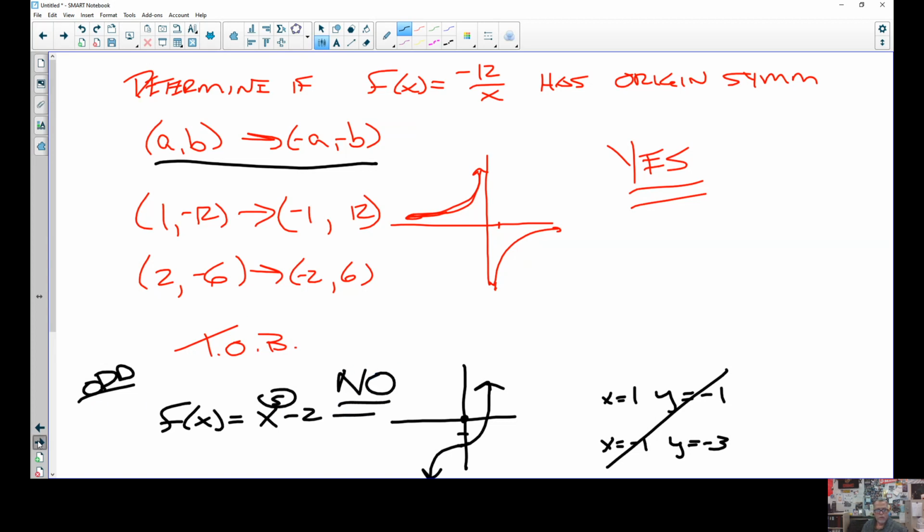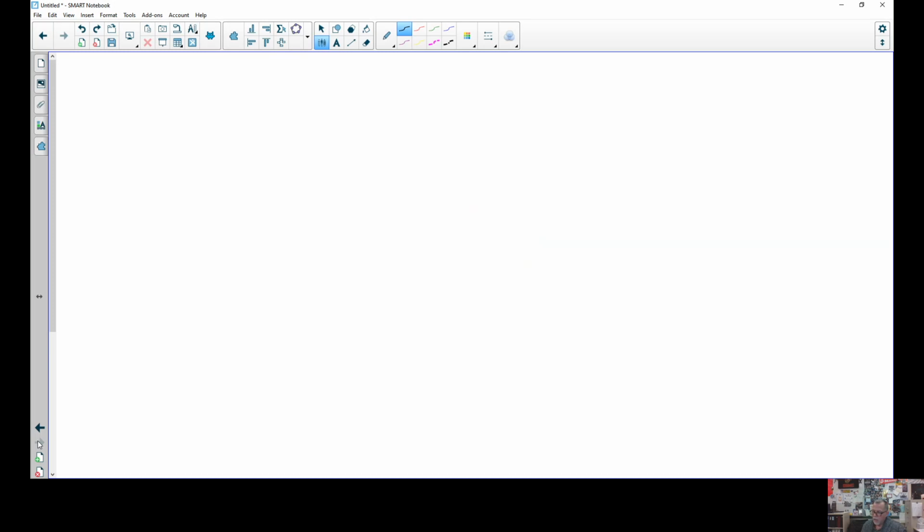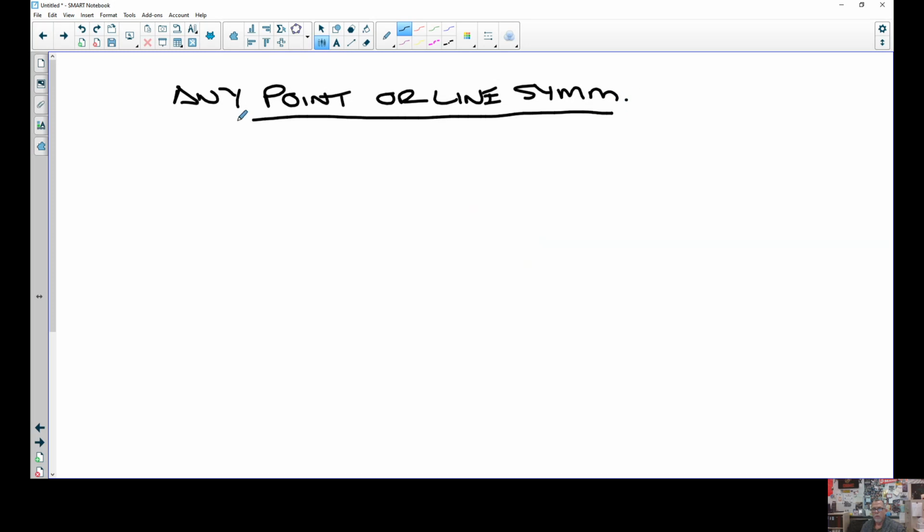All right, let's do some more tests. Let's see if these have any symmetries, point or line symmetries. All right, let's determine any symmetries. All right, so let's see what we got. X plus Y equals 6. Would that have symmetry?